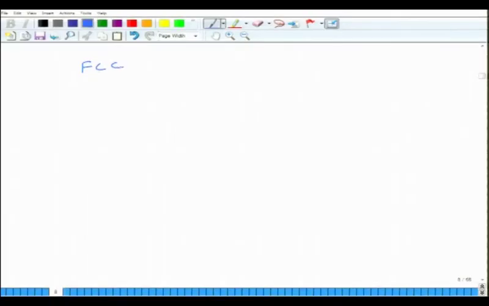Same is true of BCC, same is true of any other non-primitive structure which is chosen in comparison to a primitive structure. Now, another last thing that I want to tell you is that you have a FCC unit cell. If you draw a FCC unit cell, it will look like this.